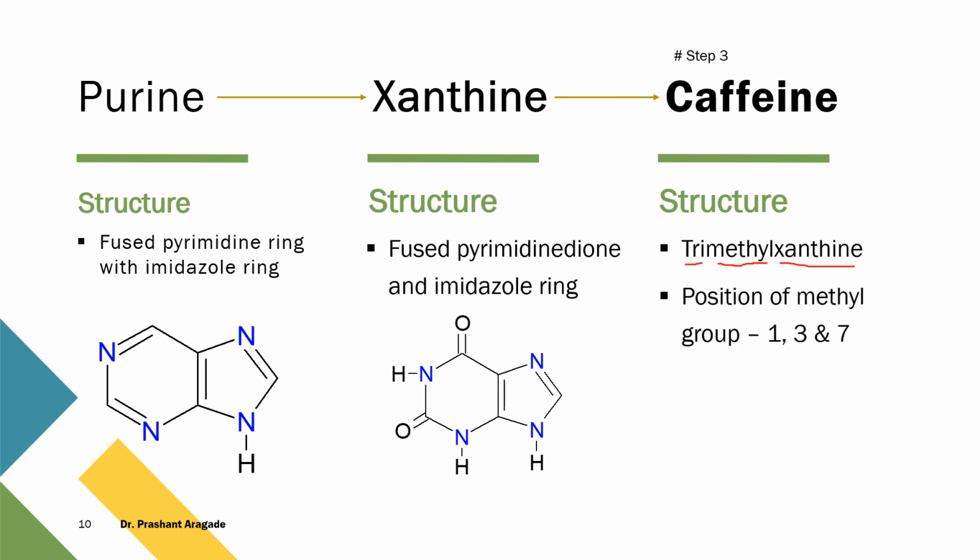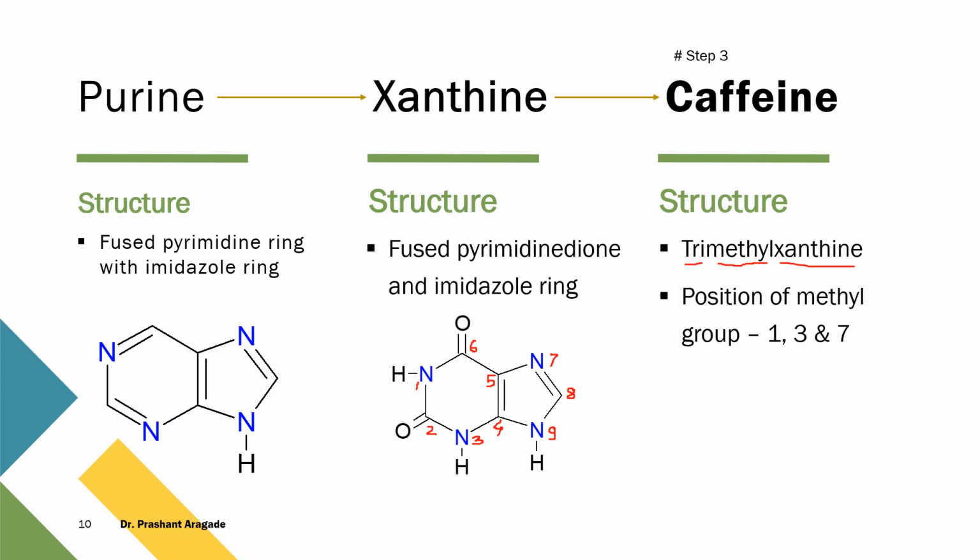And the positions are 1, 3, 7, meaning the nitrogen atoms 1, 3, 7. Let's see the numbering system on xanthine. You have to number like this. Remember, you first number the pyrimidine portion and then the imidazole portion. So now, what is caffeine? 1,3,7-trimethylxanthine.